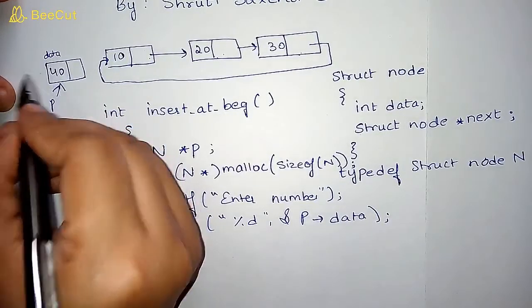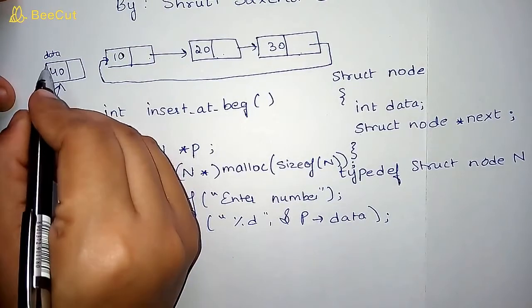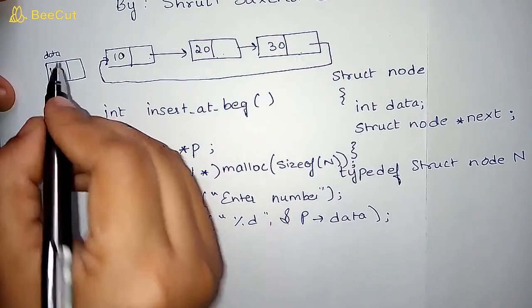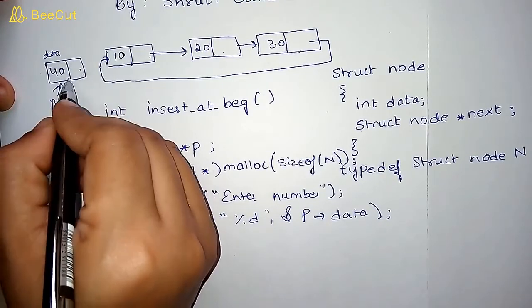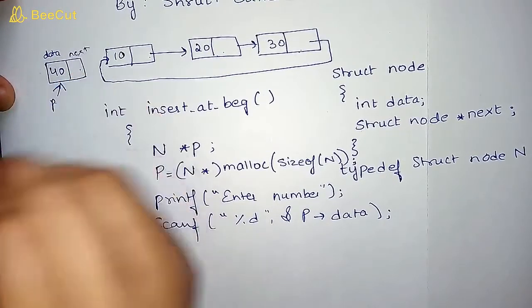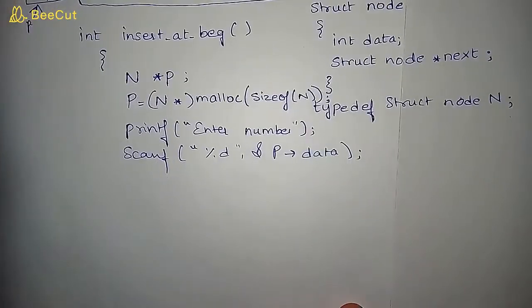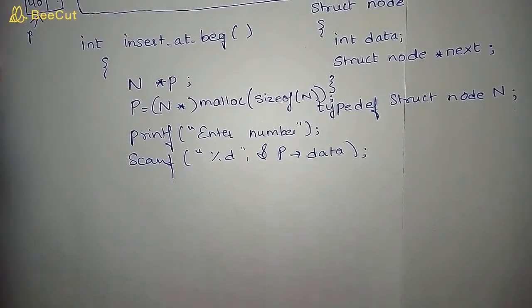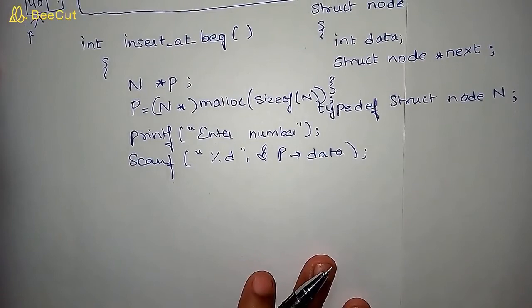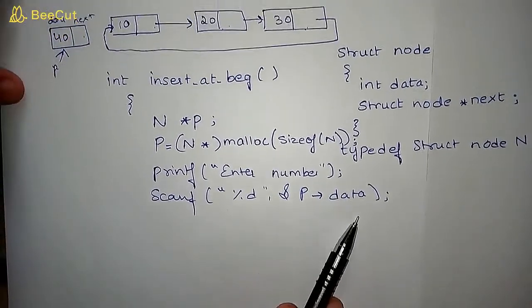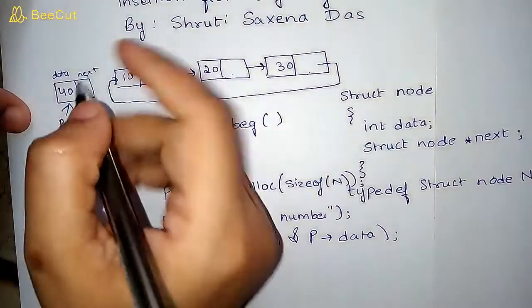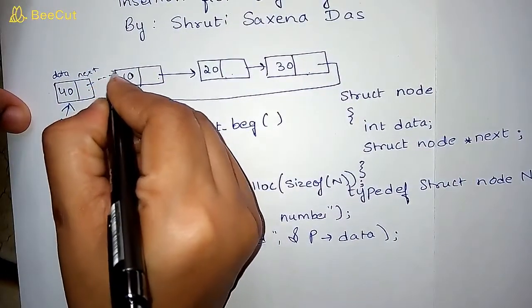Whatever number the user gives will be added at this location. If I want to access this location, I need to write p next. So I have created a node in which the first field contains data. Now in the next field I should have the address of the first node.